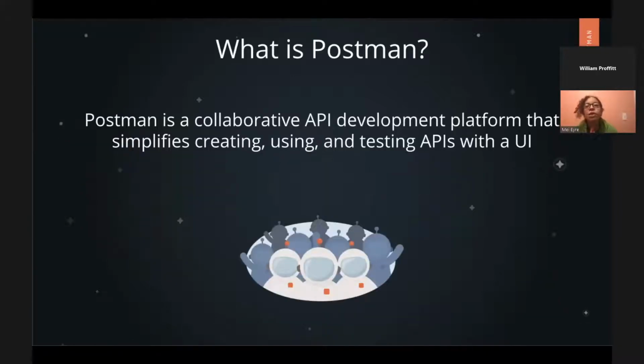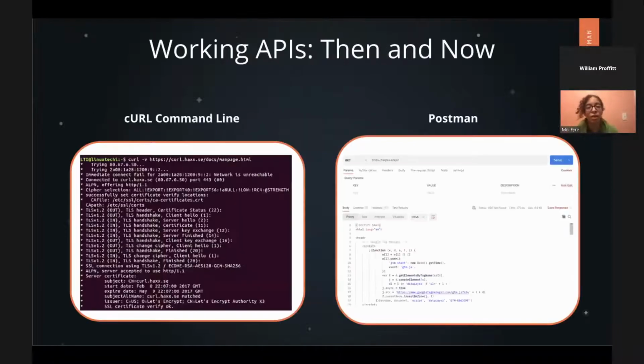So before we jump into that, what's Postman? Postman's a collaborative API development platform that really simplifies and streamlines the process for creating, using, and testing APIs because it puts all of that into one UI. In the old days of working with APIs, you'd have to use a command line tool called curl. And if you've worked with a command line before, you know it can be a pain sometimes.